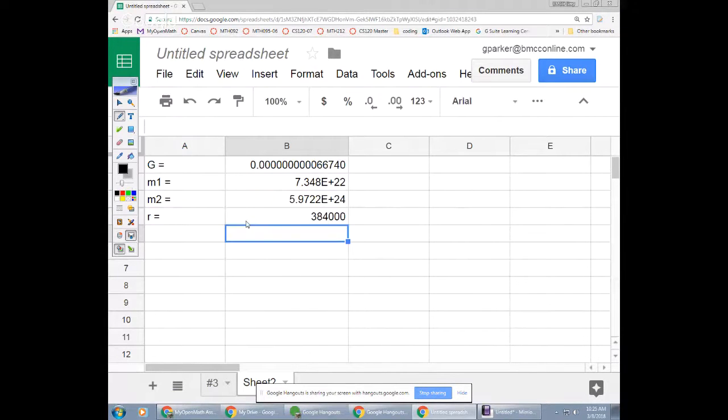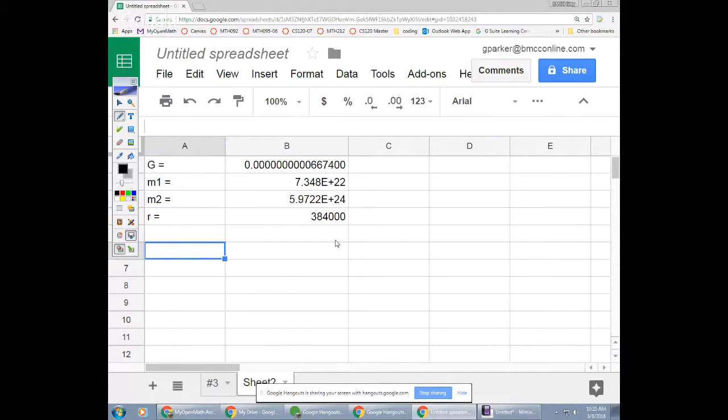Otherwise, it'll just treat it as something else. Okay, so there's all my different constants, right? And this one, when I first typed it in, because of the amount of decimals I was showing, it said, hey, that's 0 pretty much. But if you look and see what I typed, I did 6.674 times 10 to the negative 11th power. And I just needed to show enough decimals so I could see the whole number.